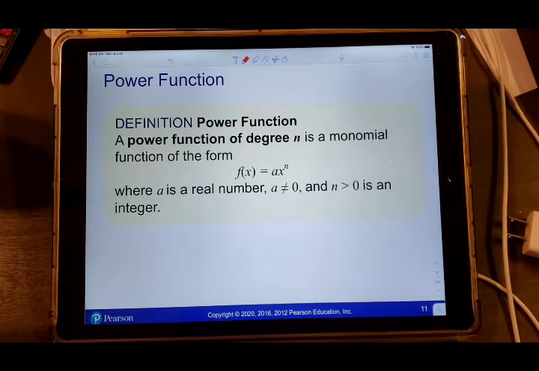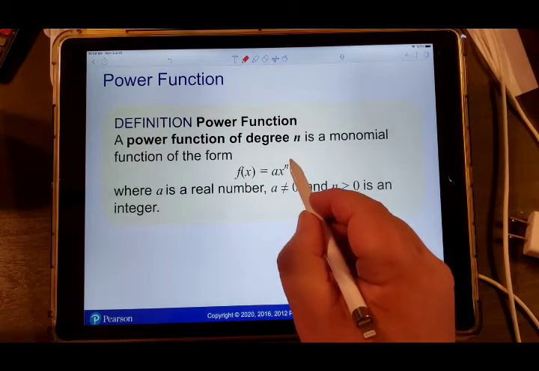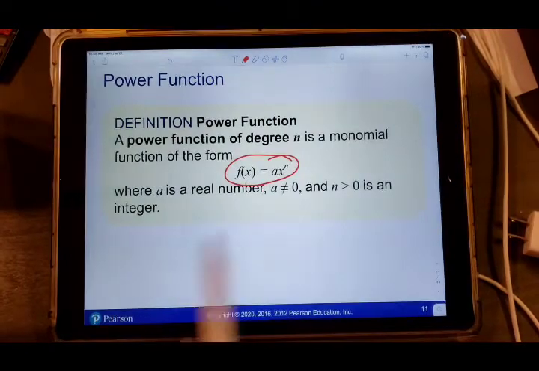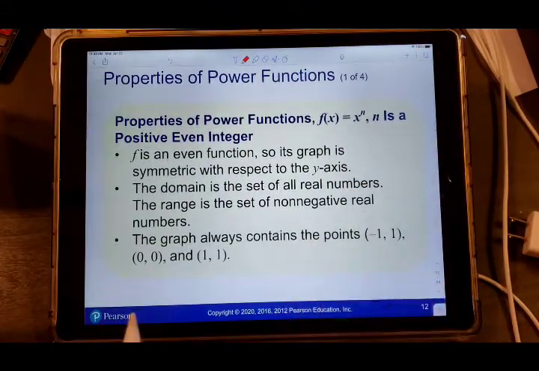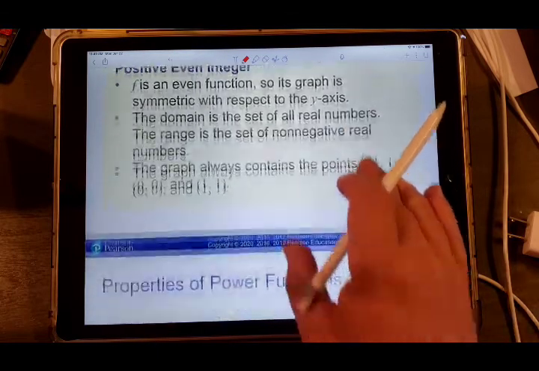All right, we have something called the power function, and that's just a single term, just a monomial. And they're telling you that you should be able to use some tricks to graph a power function.